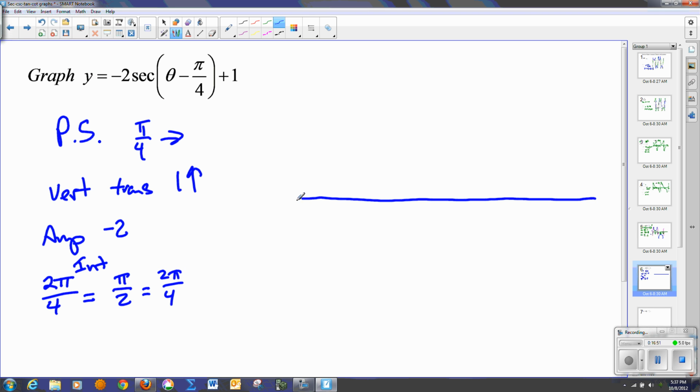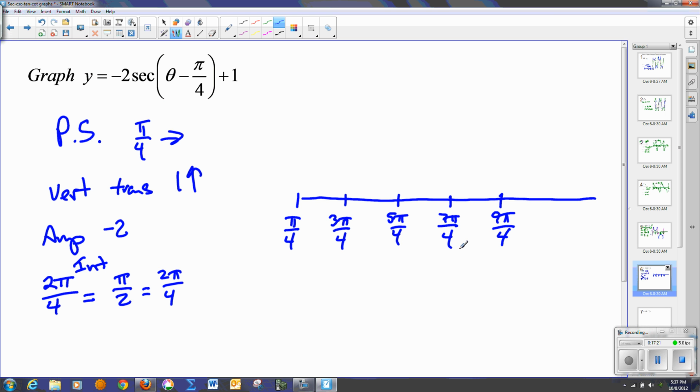I'll start at pi over 4 and move 2 pi over 4 every interval. So that's 3 pi over 4, 5 pi over 4, 7 pi over 4, and 9 pi over 4. And when I'm done, I should have 2 pi or 8 pi over 4 in between my start and my end, and that's what I've got.